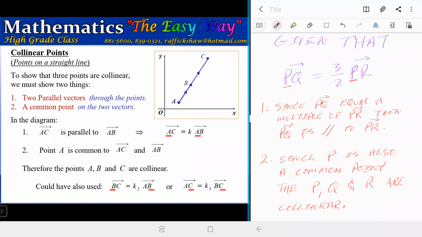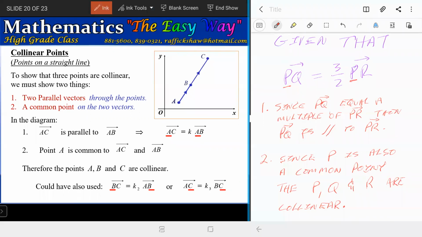So if I ask 3 different students to show that the points are collinear, student A might use the vector AC and AB, show that they are parallel and list A as a common point. Another student might use BC and AB and list B as a common point. And a third student might use AC and BC and list C as a common point.